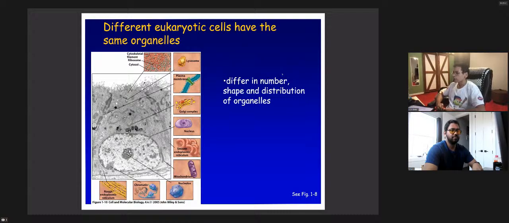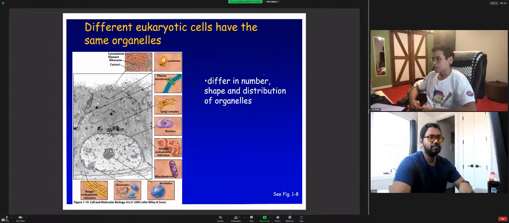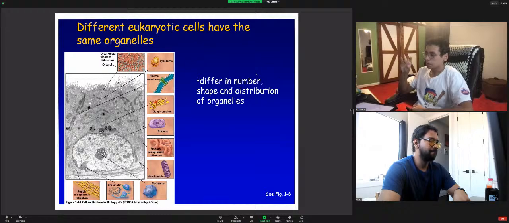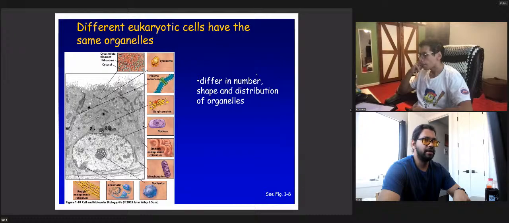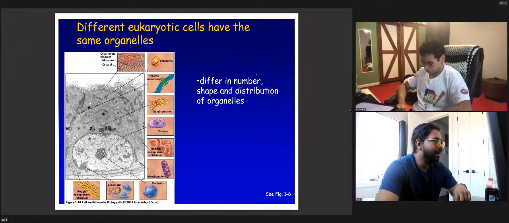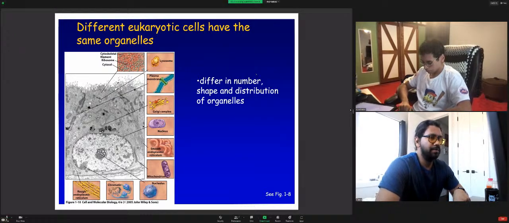Isn't it part of the nucleus that stores RNA? Yeah, it makes ribosomal RNA. There you go. Because there's ribosome inside of the nucleus as well. Okay, and then cytoskeletal stuff. All right, we can move on to the next one.